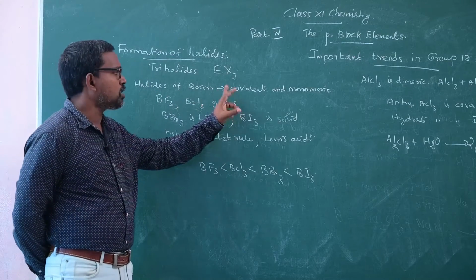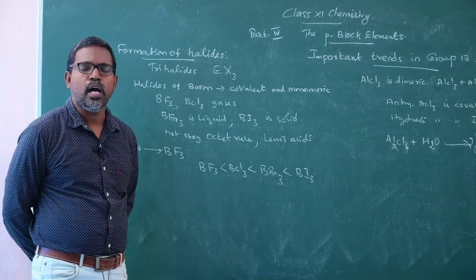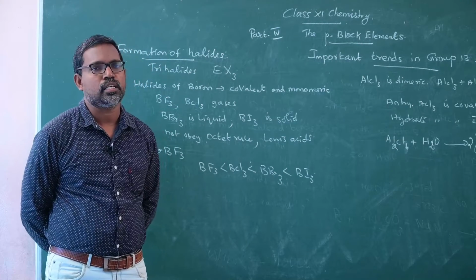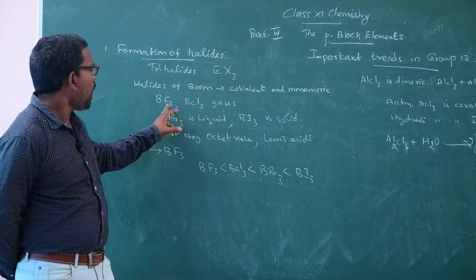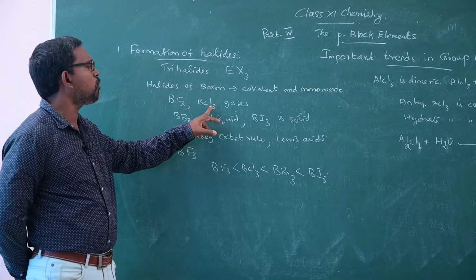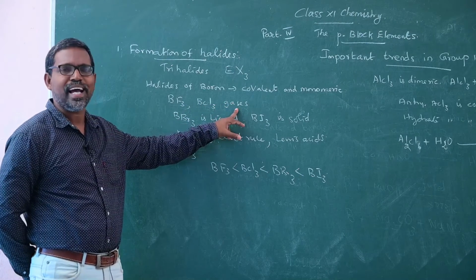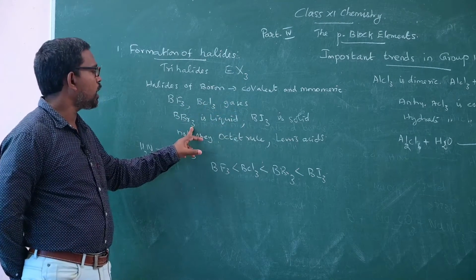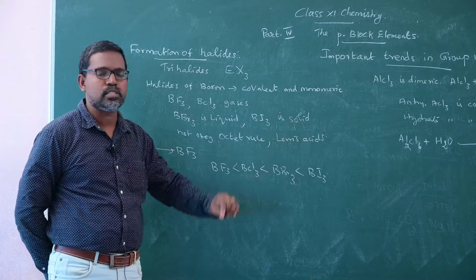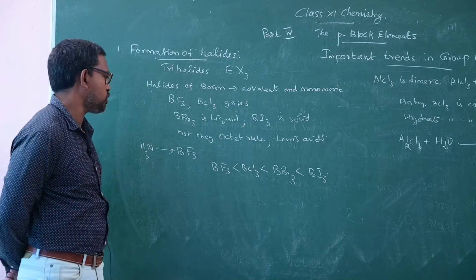Halides of boron are covalent in nature and exist as monomers in the gas phase. Among these, boron trifluoride and boron trichloride are gases. Boron tribromide is a liquid while boron triiodide is a solid under normal conditions.